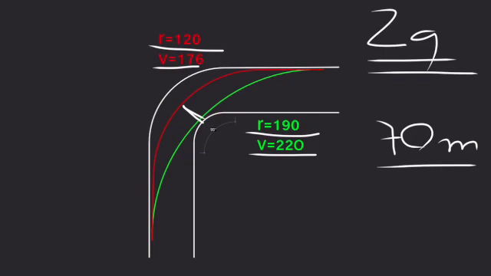Therefore, by maximizing the radius, sometimes using the curb here, sometimes using the curb on the exit, sometimes even a little bit on the entry, maximizing the radius in a 90-degree corner yields a much, much faster lap time.